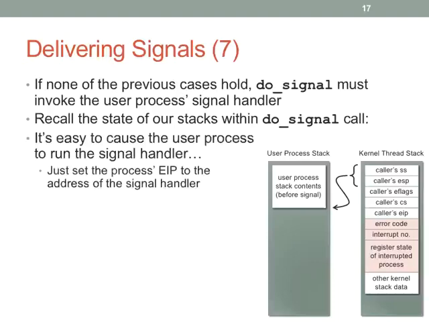Now, running the signal handler is easy. We just go in and set the interrupted process's context to point to the signal handler. And we have the value of EIP to store because they gave us their signal handler. So we can go ahead and just stuff that into the machine context. When we return from the kernel, it'll automatically restore that information. So that part's easy.